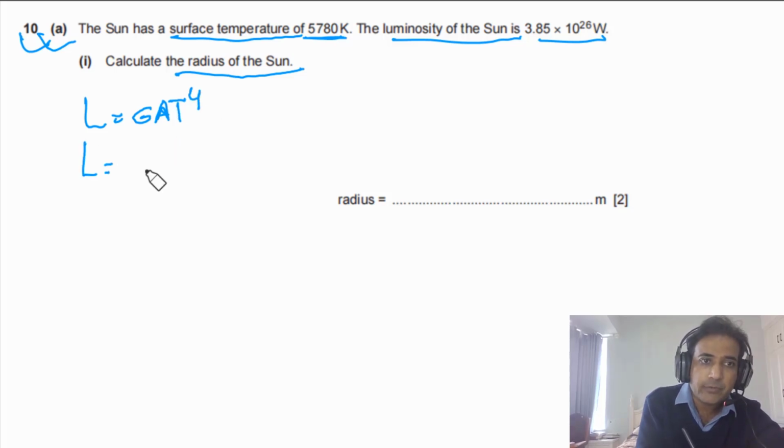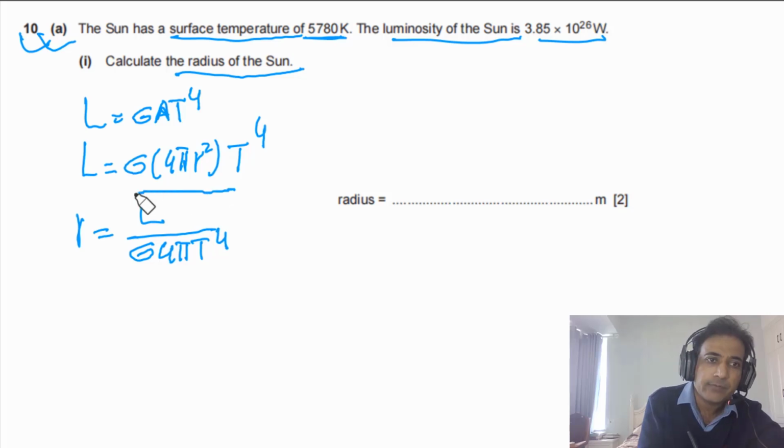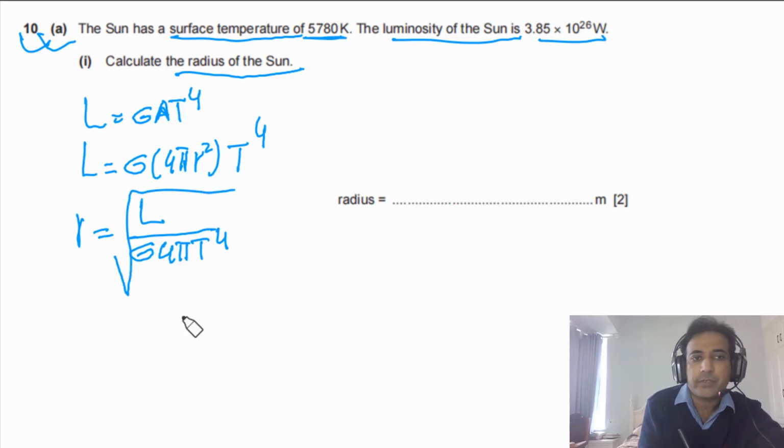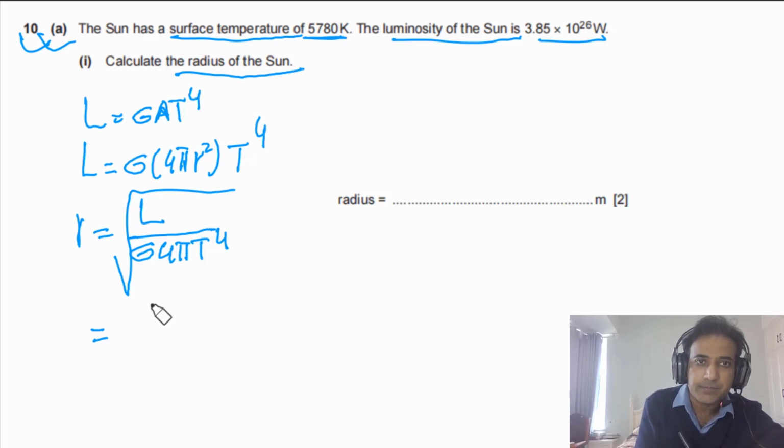The surface area is 4 pi r squared, so L = sigma 4 pi r squared T to the power of 4. We need r, so r squared is L divided by sigma 4 pi T to the power of 4, and we take the square root of this.